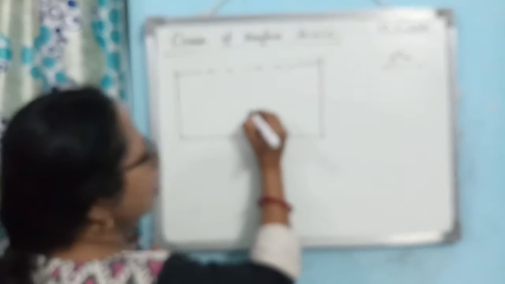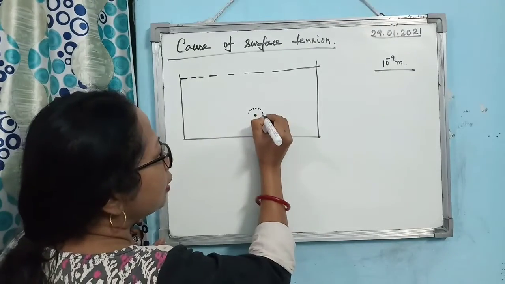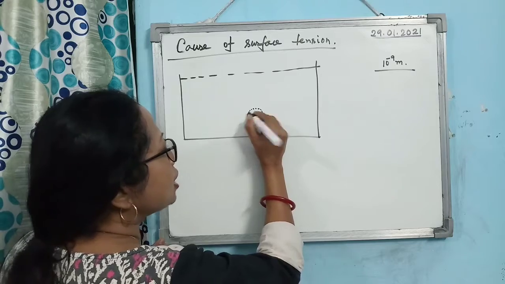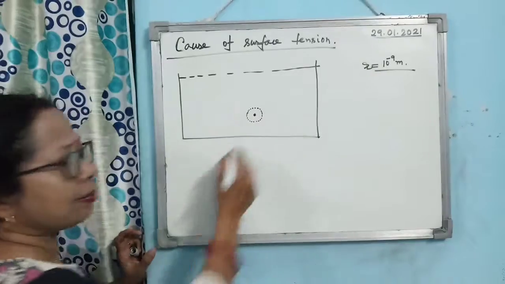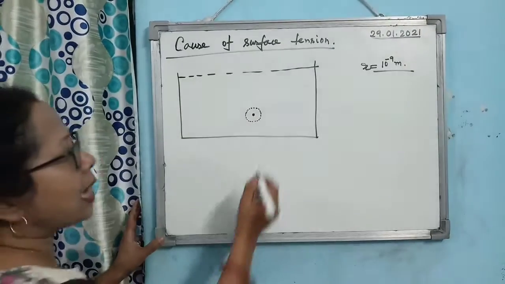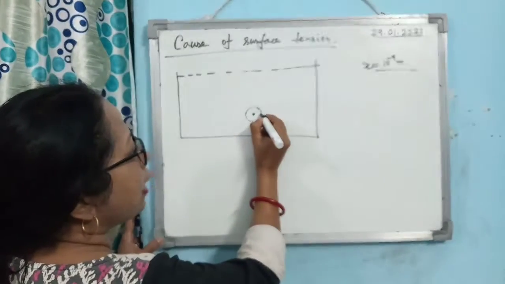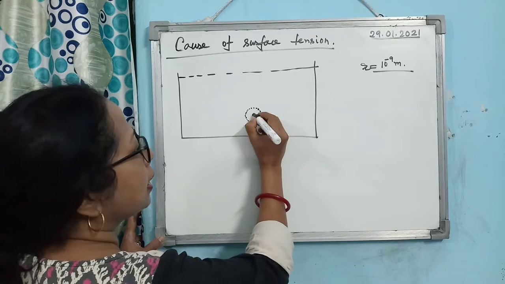Then if you assume a sphere of radius 10 to the power minus 9 meter, at every point of the sphere there is a molecule.